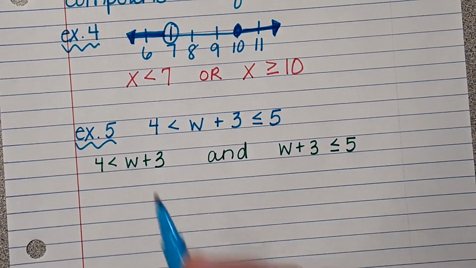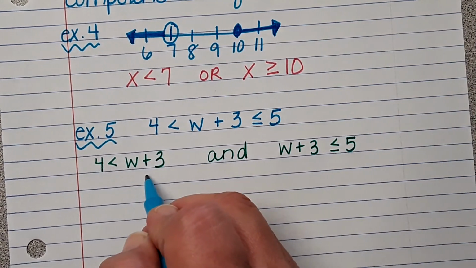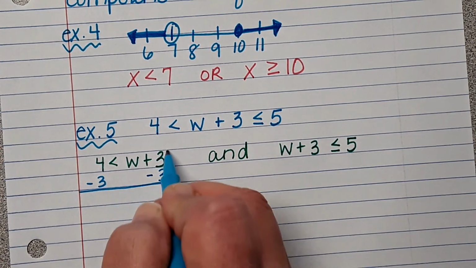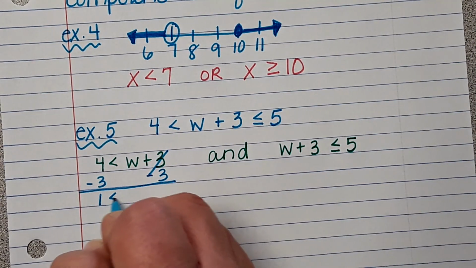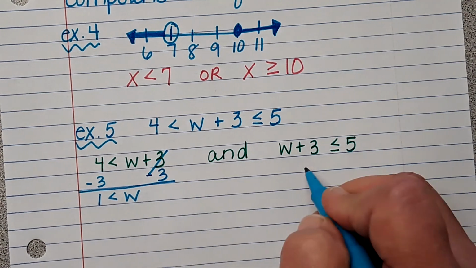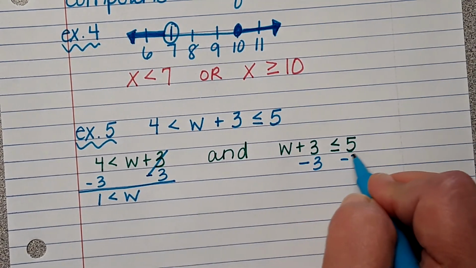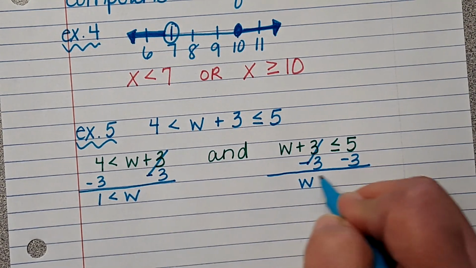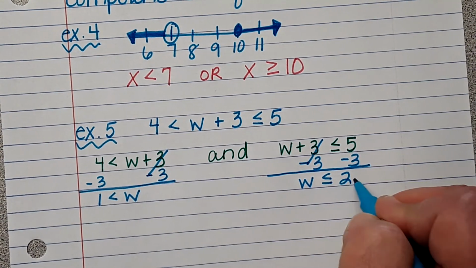Now let's solve it. We're going to subtract 3 from both sides. We get 1 is less than W. We're going to subtract 3 from both sides. We're going to get W is less than or equal to 2.